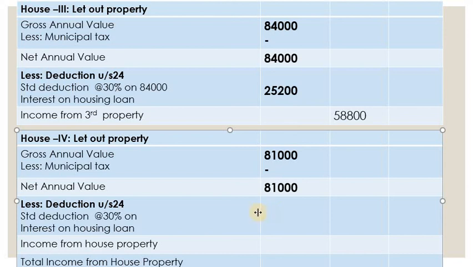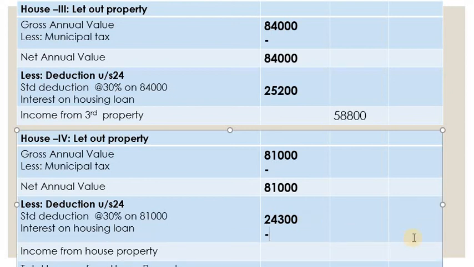First the standard deduction of 30% on 81,000. Just calculate, it is 24,300. Any interest on housing loan? There is no interest on housing loan. So calculate the income from the fourth house: minus it, and you will get 56,700 as the income from the fourth house.